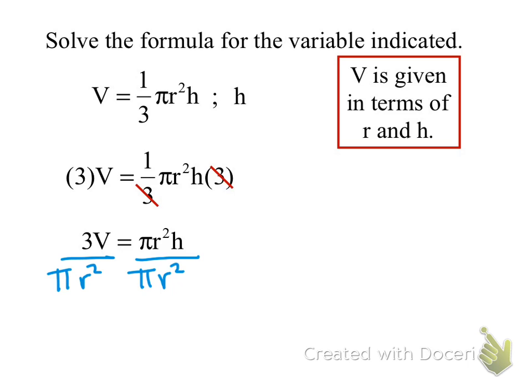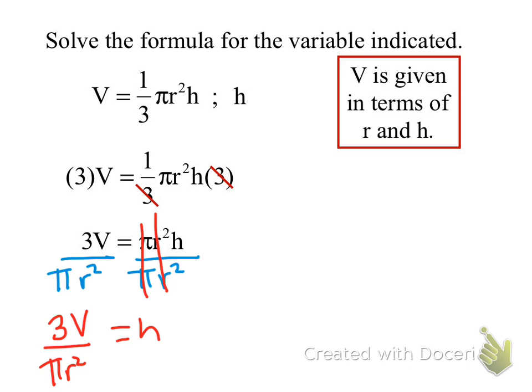Now you can see my pi's cancel out, my r squareds cancel out. What's left on the right side of the equation? H is equal to 3v over pi r squared.